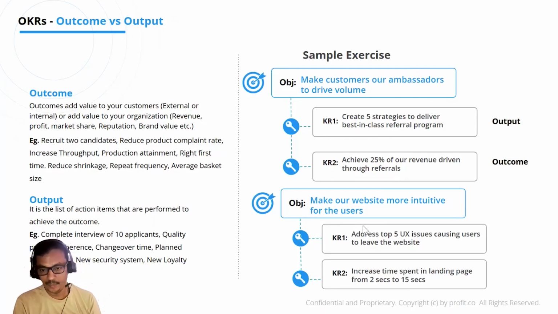And in the same way, making your website more intuitive for the users, addressing the UX issues causing users to leave the website, is going to be an internal activity which will help you make your customers spend more time on the landing page, which is eventually going to bring in more revenue, right? So that is the outcome, which is adding value to your organization. And moreover, it is adding value to your customers because you are providing a better website to your customers.